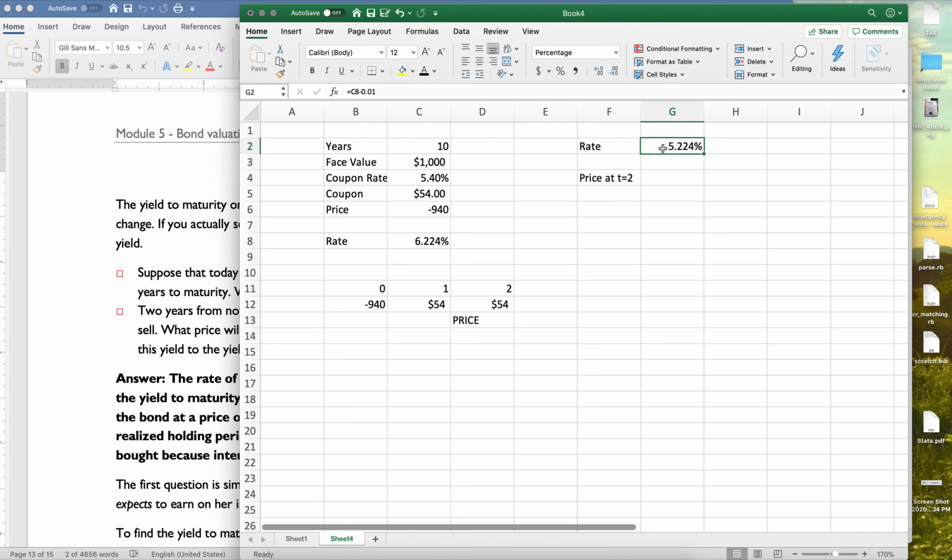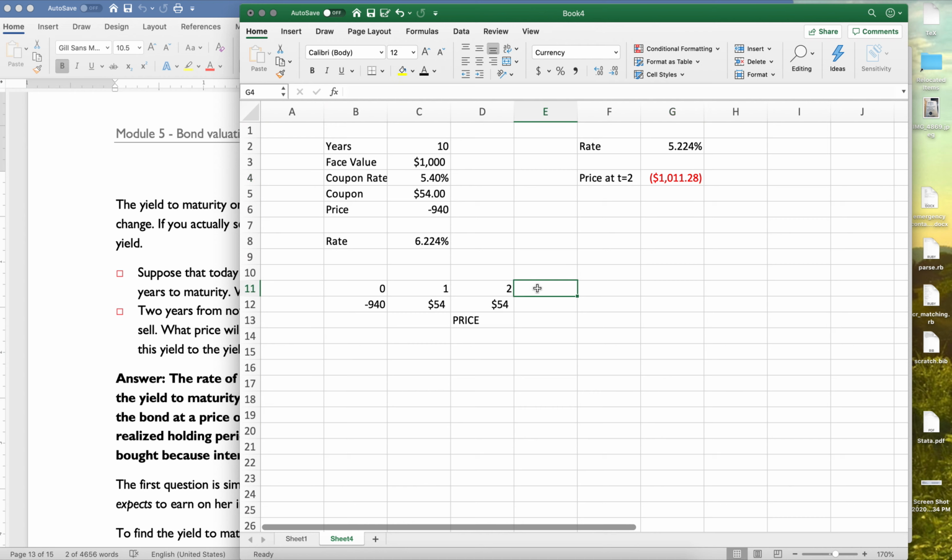Yeah, and because it's in annual terms, we don't have to do anything weird to it. We just do that. So PV, the rate is 5.22. The number of periods is no longer 10, it's 8 because 2 years have passed. The payments are still $54 and the future value is still $1,000.